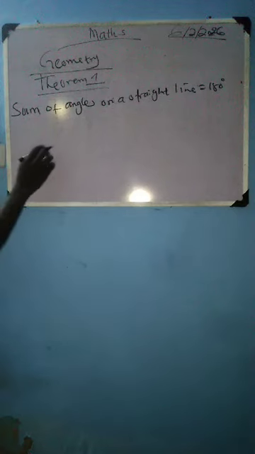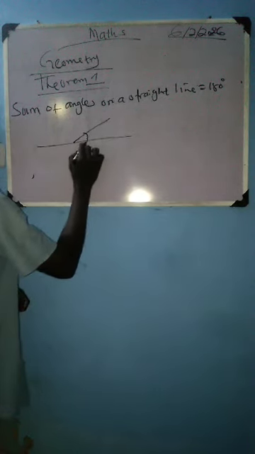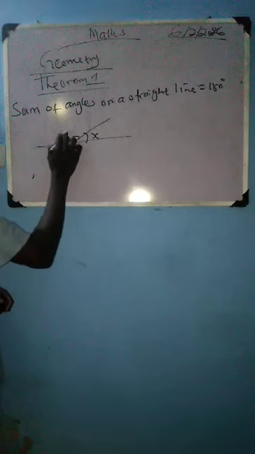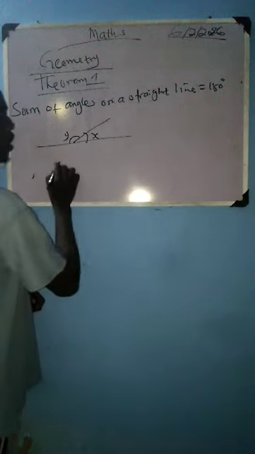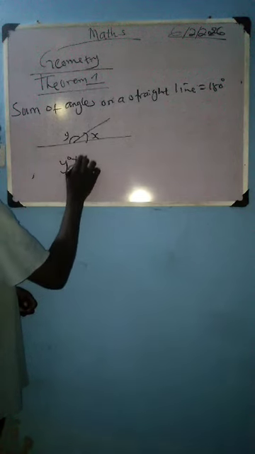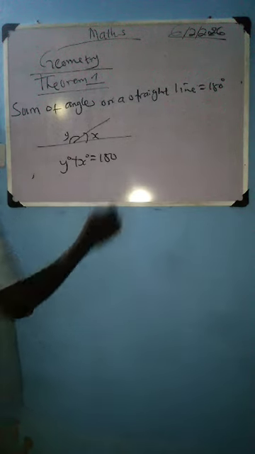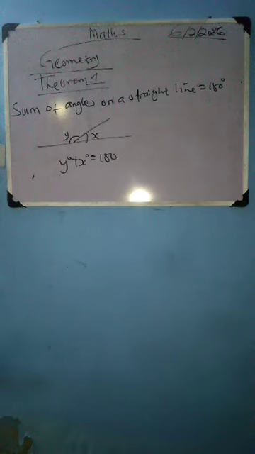So we have something like this: I have the angle x, I have the angle y. So simply y degrees plus x degrees equals 180 degrees. So that is angles on a straight line. That's theorem 1, the basic theorem.